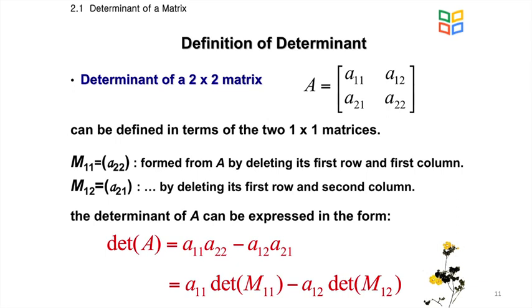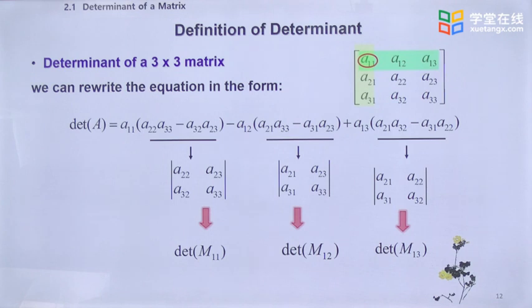So this means for 2 by 2 matrices, the determinants can be defined using the determinants of 1 by 1 matrices. Okay. Now we consider the definition for determinants of a 3 by 3 matrix.